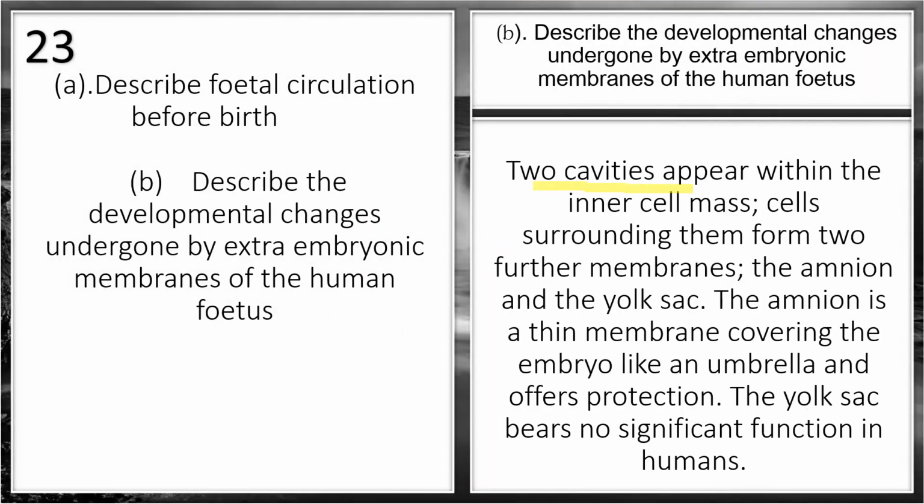Two cavities appear within the inner cell mass, with cells surrounding them, to form two further membranes, the amnion and the yolk sac. The amnion is a thin membrane covering the embryo like an umbrella and offers protection. The yolk sac bears no significant function in humans.